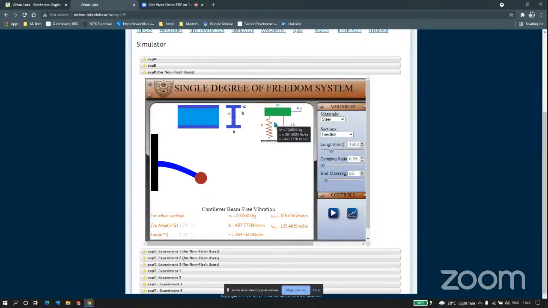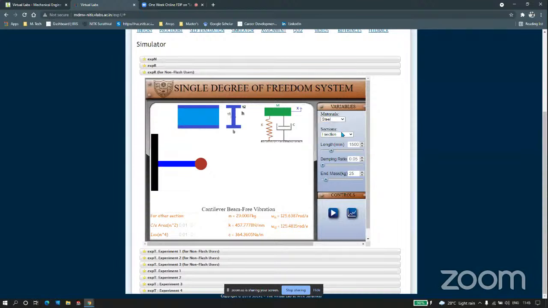Here you will get the mass of the system, spring stiffness and damping coefficient. Then you will have a beam with the end mass. When I click on the play button, it will come to rest. Before that, you have multiple material options: steel, aluminum and bronze.